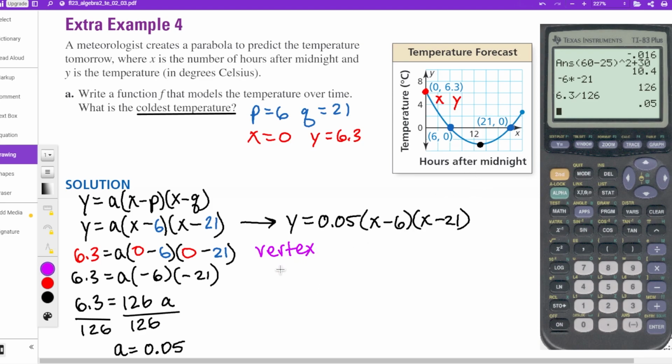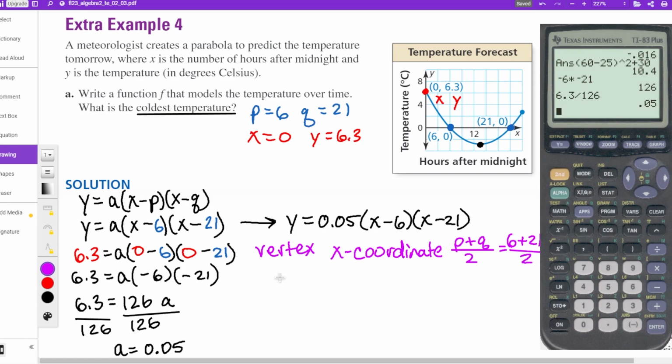And there is a formula to figure out the x-coordinate. That is p plus q divided by 2. So we're going to take 6 and 21 and then divide by 2.